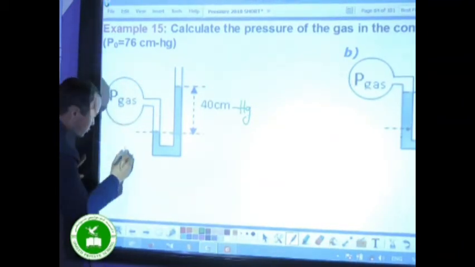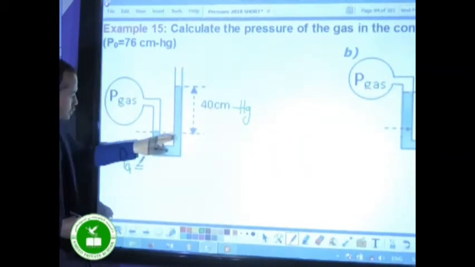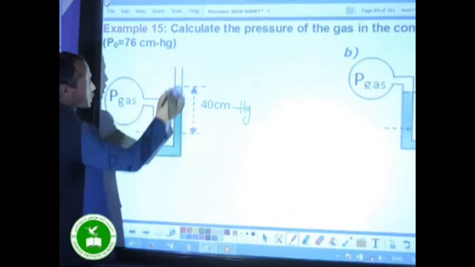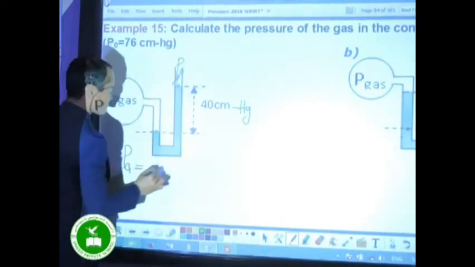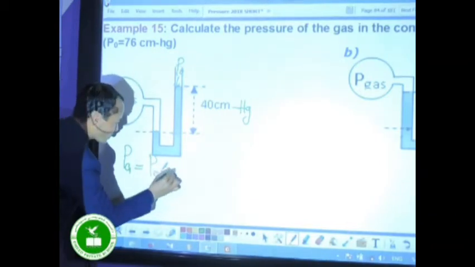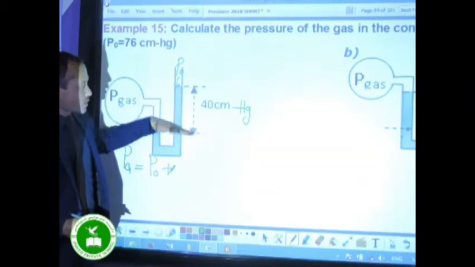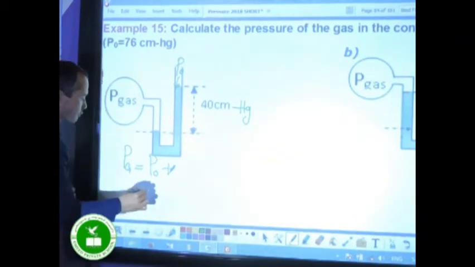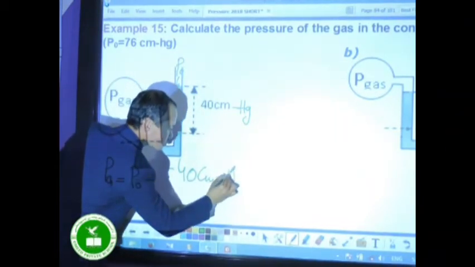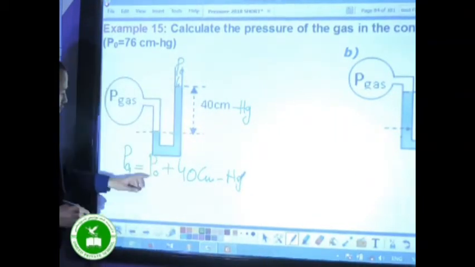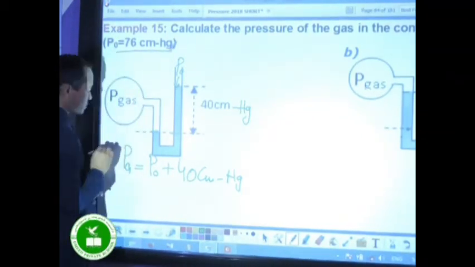So, pressure of gas is equal to pressure on this other point, where we have P0 plus pressure of this liquid. Here liquid is mercury, 40 centimeter Hg. Air pressure is given 76 centimeter mercury.